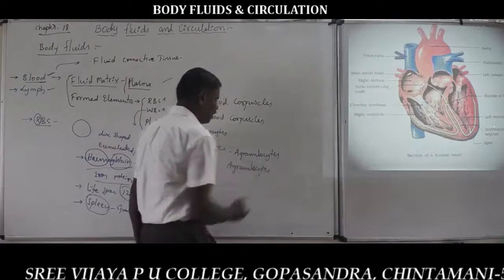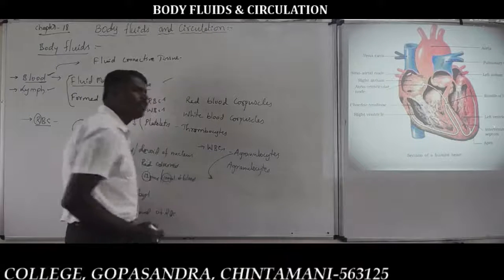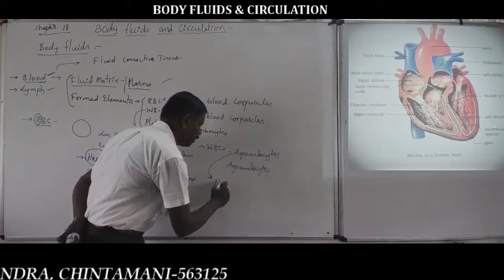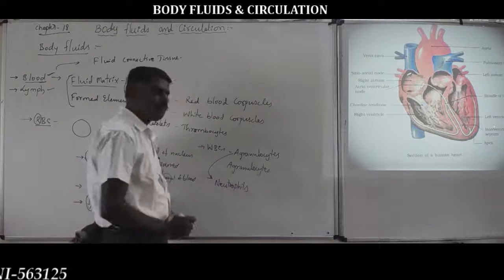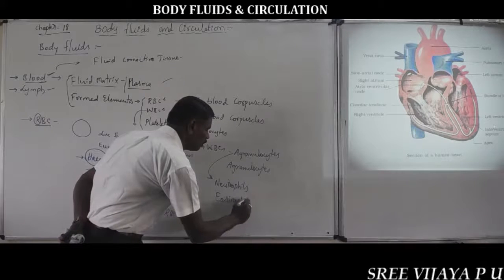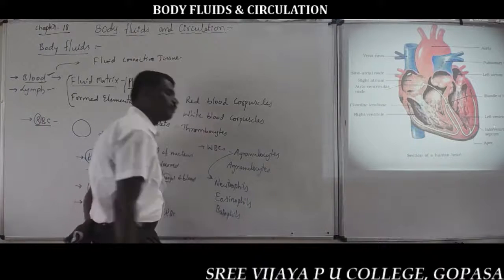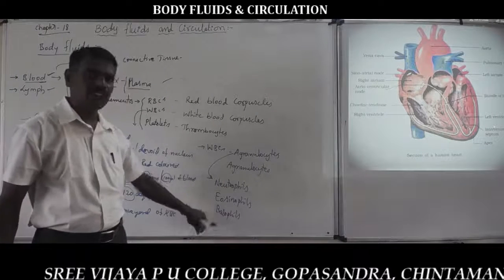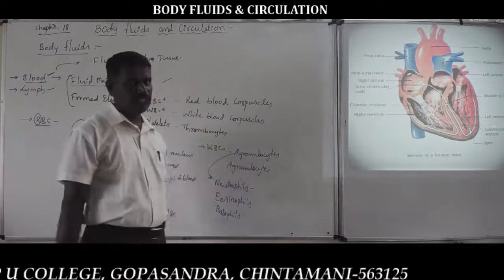The granulocytes are again of three types: neutrophils, eosinophils, and basophils. The neutrophils are present in greater number among the granulocytes.